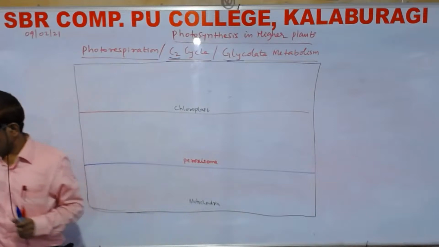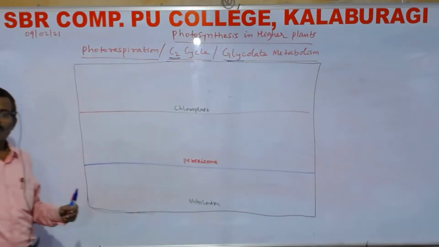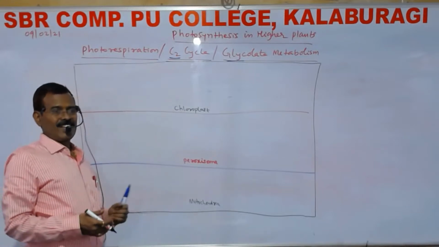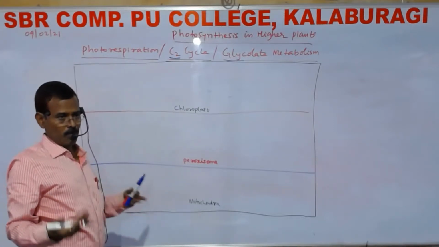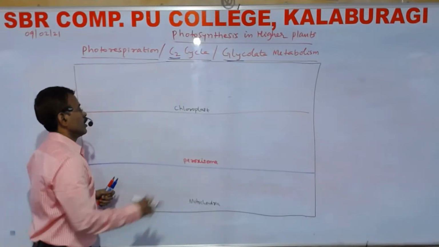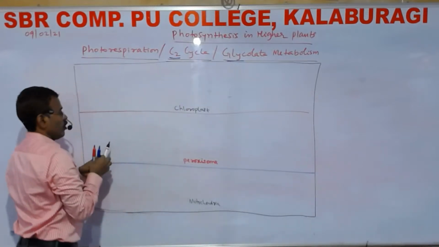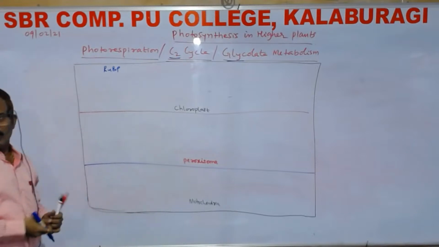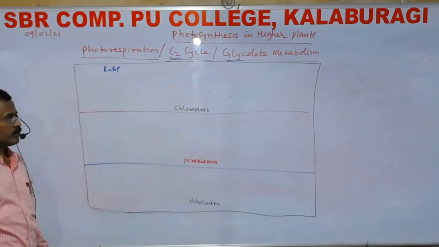So these three cell organelles in the mesophyll cell, the chloroplast, peroxisome and mitochondria, are interconnected in the operation of photorespiration. Here you have RuBP, ribulose 1,5 bisphosphate.